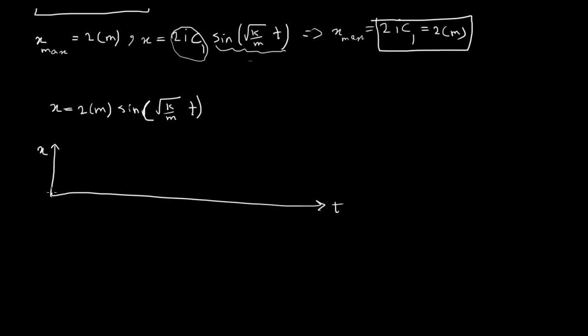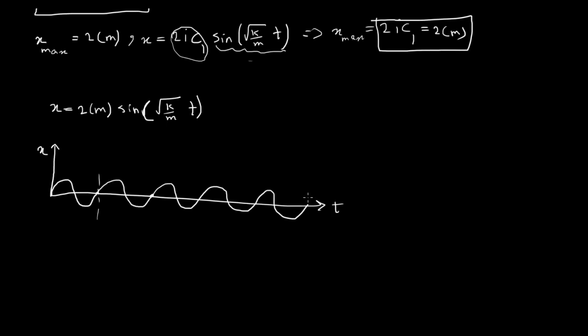So sine is something like this. It cycles 1 time here and then goes up and comes back 2 times, 3, 4, 5.